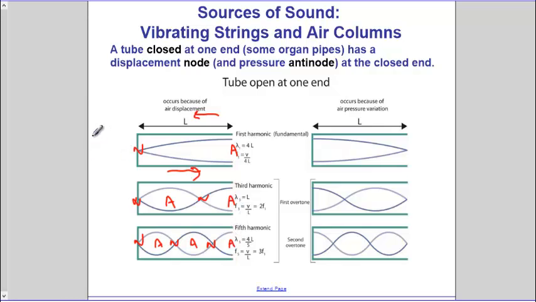So as you go in this direction, you're increasing frequency. This is 1/4 of a waveform. This is 3/4 of a waveform. This is 5/4 of a waveform. This is a frequency of 1. This is a frequency that's 3 times greater. This is a frequency that is 5 times greater.